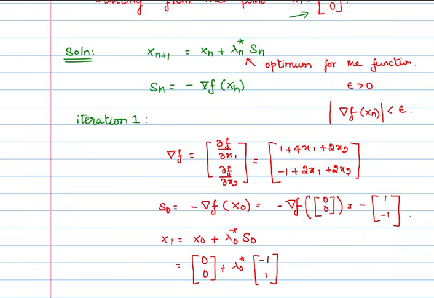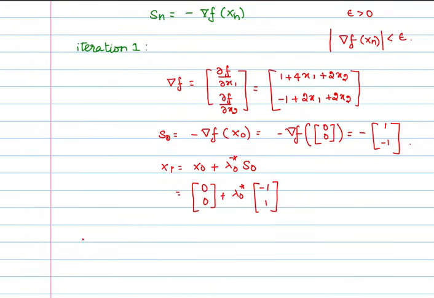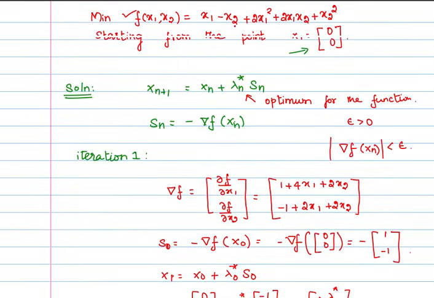Now I want to find f of x1. The first component is minus lambda naught star and the second component is plus lambda naught star.